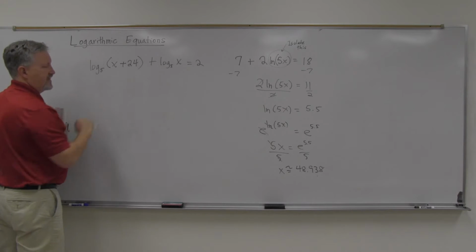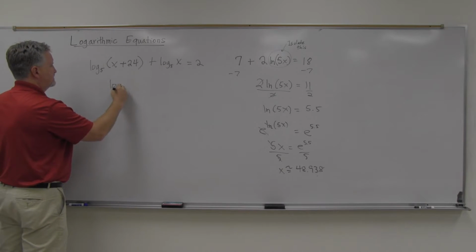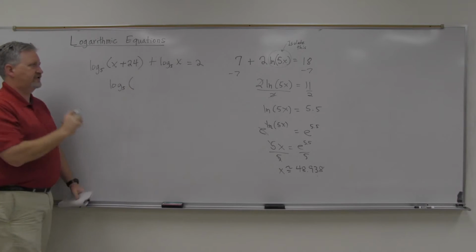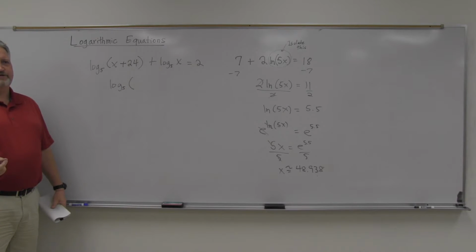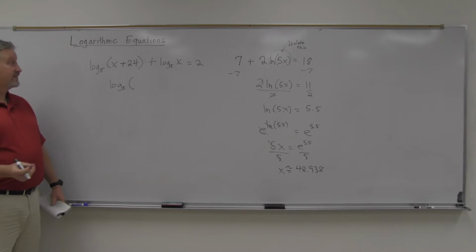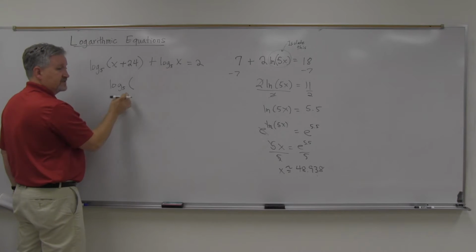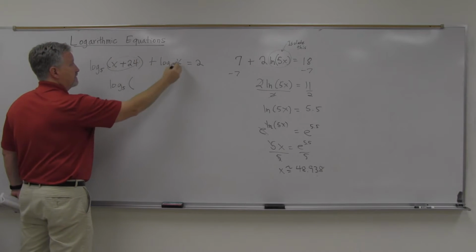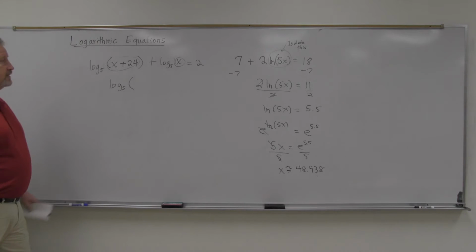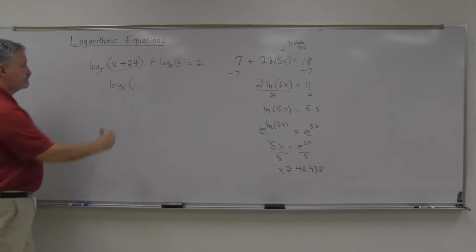Well, there are two logarithms added together, and so those condense into one logarithm. Unfortunately, you can't just add the x plus 24 plus the x. What happens to the x plus 24 and the x? You multiply these. When I have two logarithms added, to condense them to one, you multiply the two things you're taking the logarithm of together.